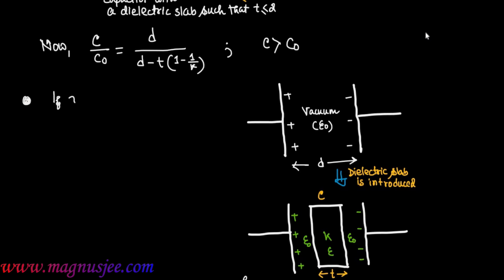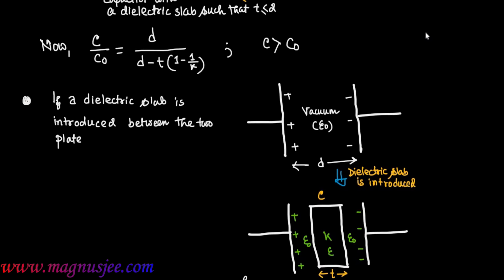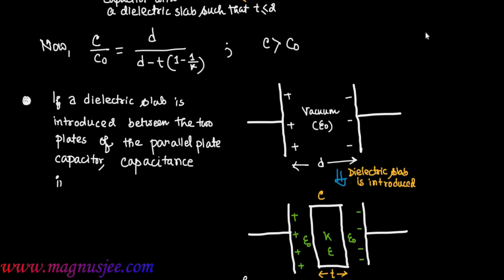That means C is greater than C0, that is if a dielectric slab is introduced between the two plates of the parallel plate capacitor, capacitance increases.